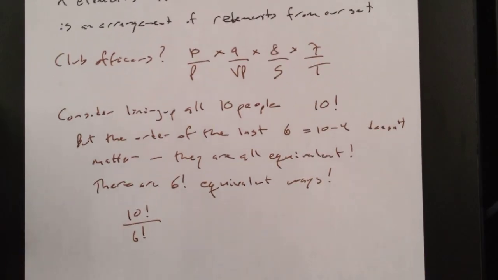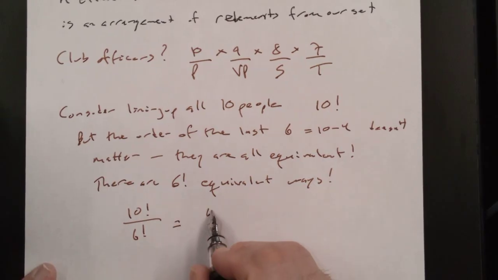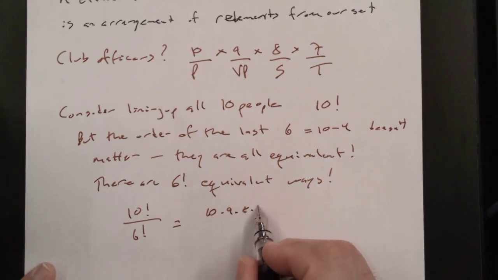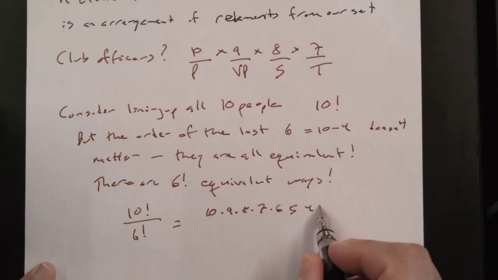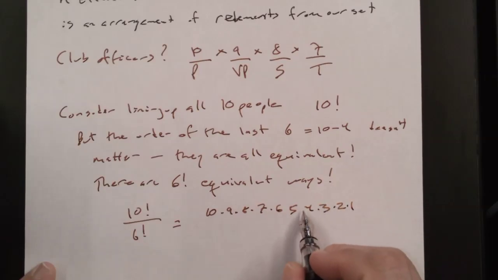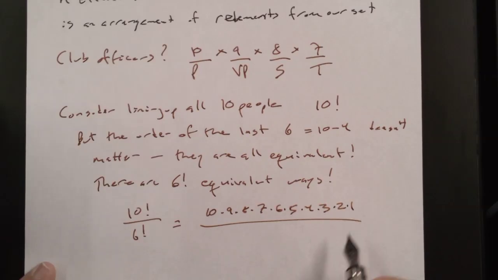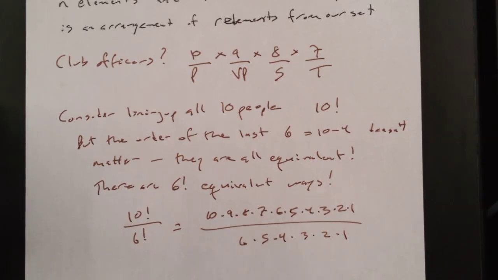So I'm going to end up with this. Now here's the best part. 10 factorial is 10 times 9 times 8 times 7, 6, 5, 4, 3, 2, 1. Notice I'm multiplying all the way through here, right? And 6 factorial is 6 times 5 times 4 times 3 times 2 times 1. If I asked you to write out this fraction and simplify it, what would you do?